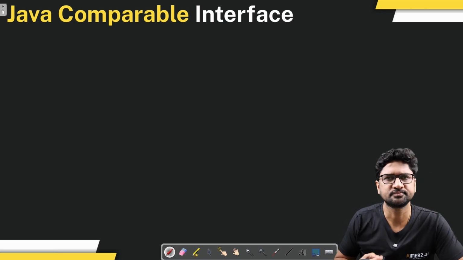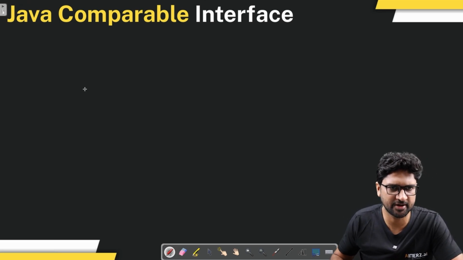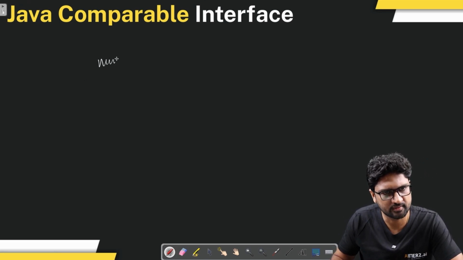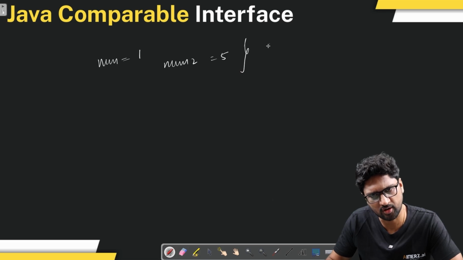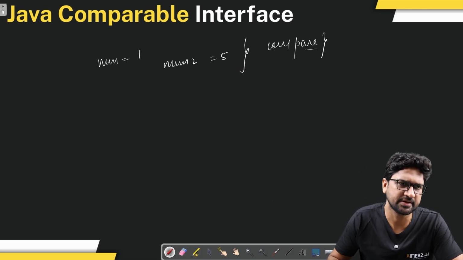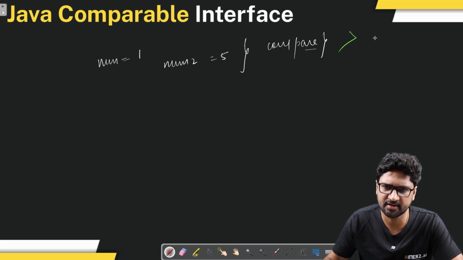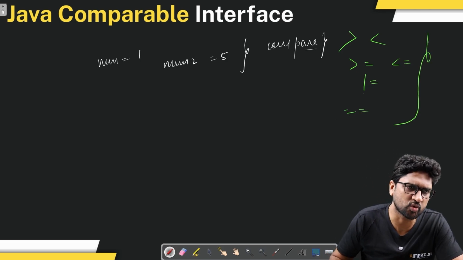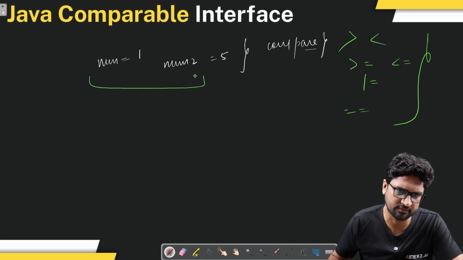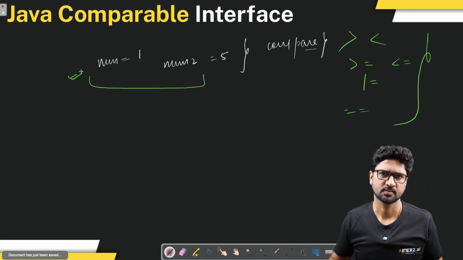So we know that, let's say there are two numbers, number1 equals 1 and number2 equals 5. If I have to compare them, there are already operators like greater than, less than, greater than or equal to, less than or equal to, not equal to, and equals to. So we already have a way to compare numbers in the world of Java.